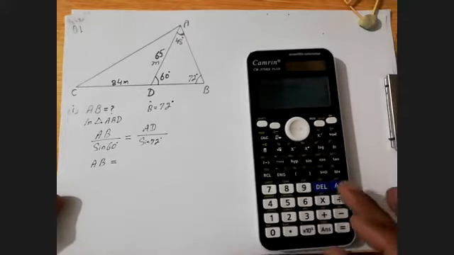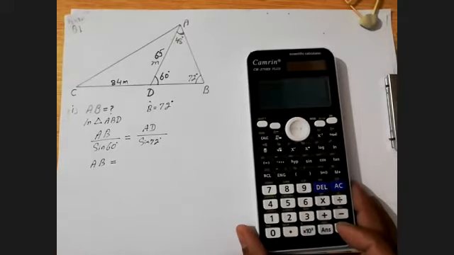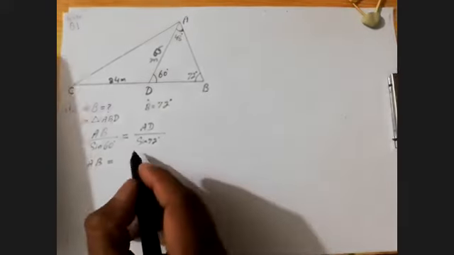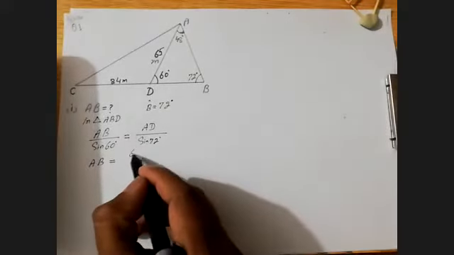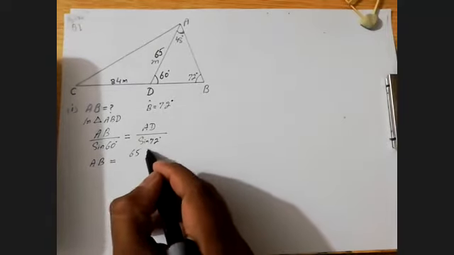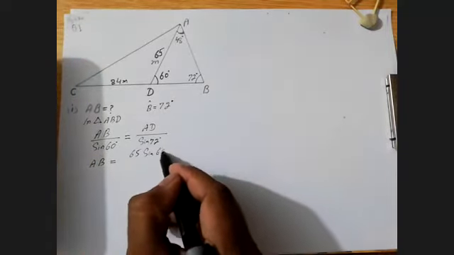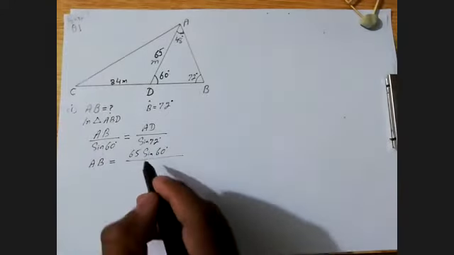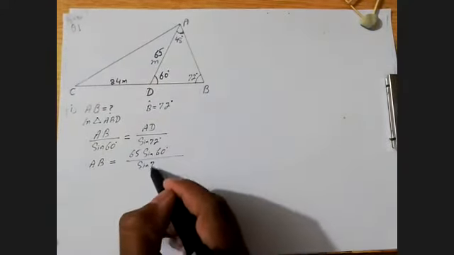Okay, let us see how we are going to find the answer. This is 65 into sine of 60 degrees over sine of 72 degrees.